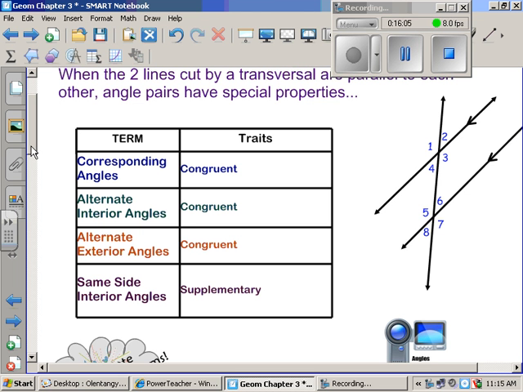When two parallel lines are cut by a transversal, alternate exterior angles are congruent. Okay? But it only happens when the two lines being cut by the transversal are parallel. If they're just two random lines, we can't say anything about them. They're not congruent, they're not supplementary, they're nothing. But when the lines are parallel, then we can say all this stuff. And same side interior, like 4 and 5, those are supplementary.